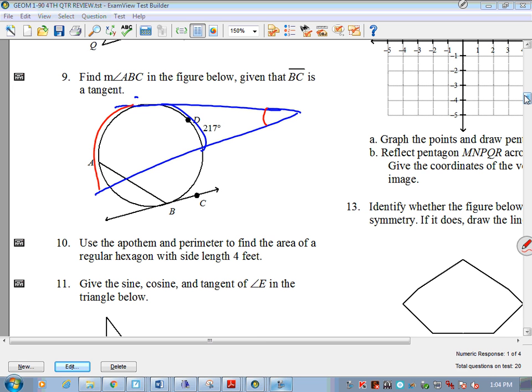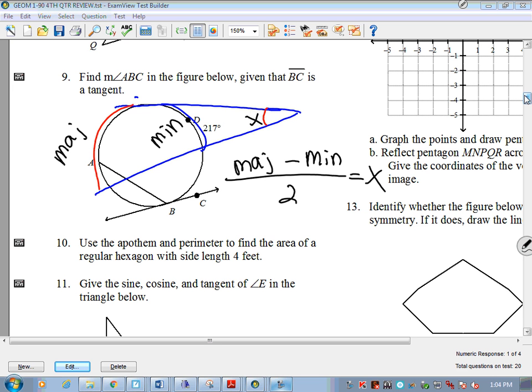In this situation, we're going to call this the major arc and this the minor arc, and let's call this X. You're going to do major minus minor divided by 2, and it's going to be equal to X. Now, you may have X and be asked to find the minor, or you may have X and the minor and be asked to find the major. All you have to do is fill in. Does that make sense?